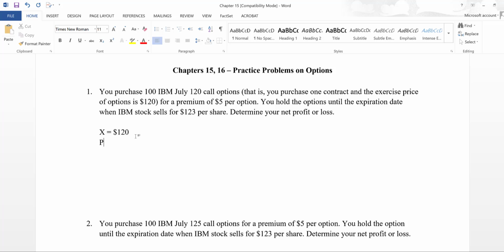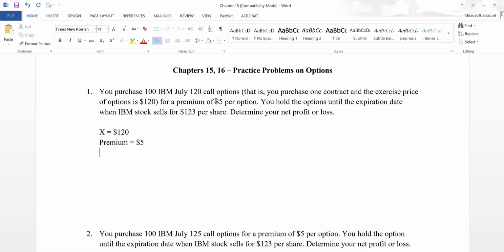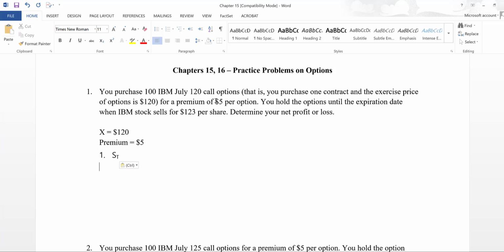The option premium is $5 for each option, and then you hold the option until expiration, and at expiration the IBM stock price is 123. So that is the stock price at expiration, ST equals 123. And what we are asked to compute here is the net gain or loss from this option position.